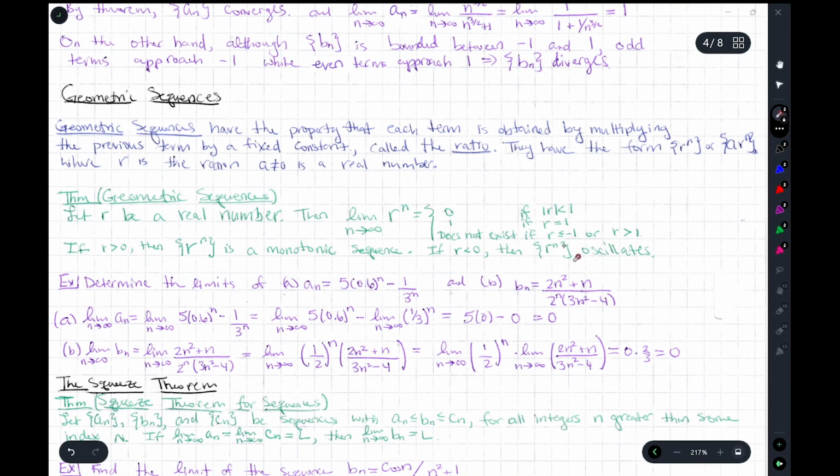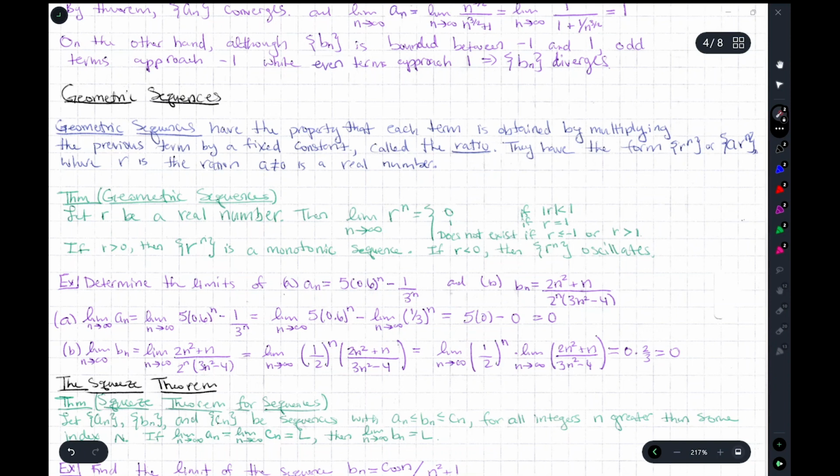On the other hand, if r is less than -1, okay, then the terms will grow without bound. If r is equal to -1, you're getting -1, then the next term is -1 times -1, or 1, and then the third term is 1 times -1, negative.